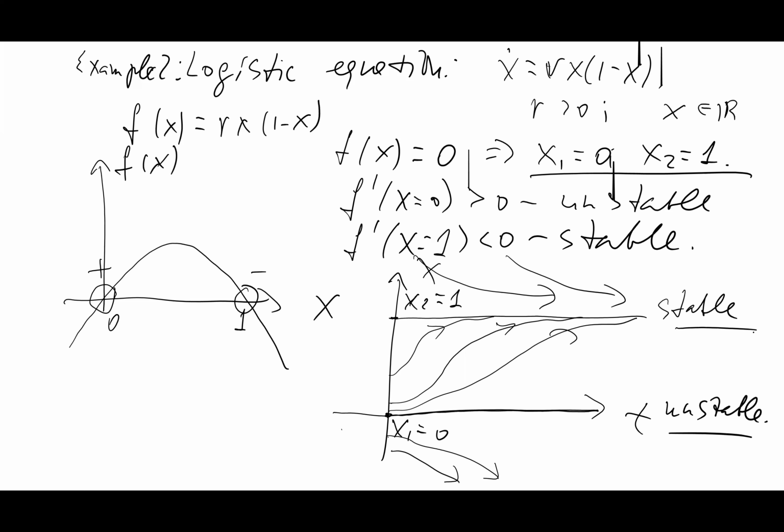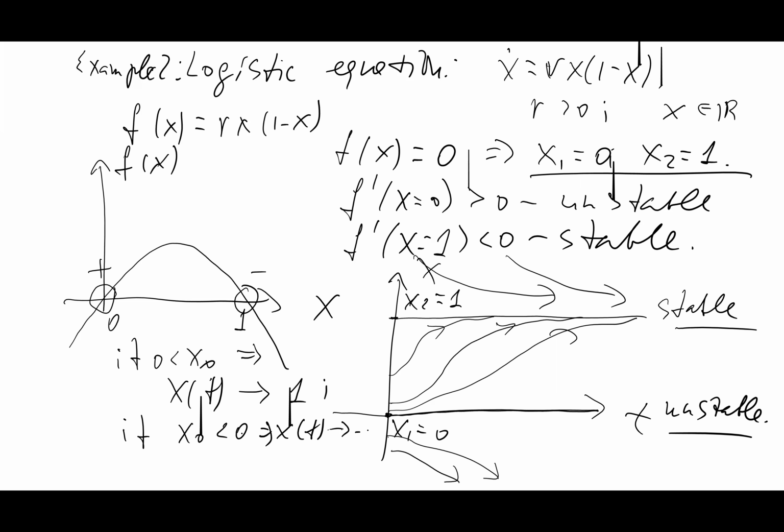So again, we didn't find the exact solution for the logistic equation. Nevertheless, we know how the solution depends on initial conditions. If x naught is positive, then the orbit or solution tends to 1. If x naught is negative, then x of t tends to minus infinity.